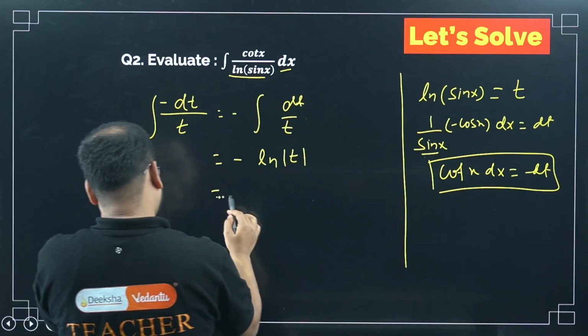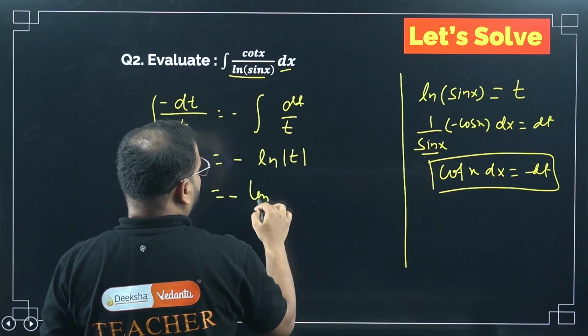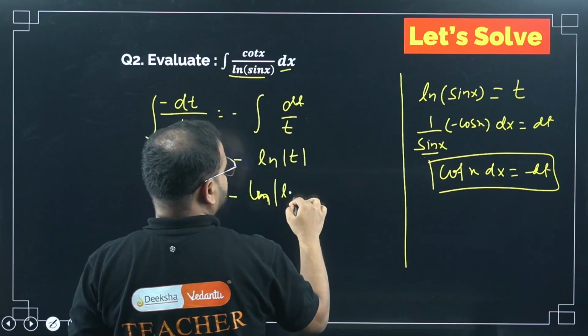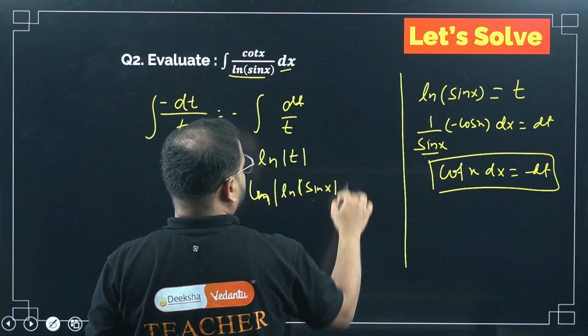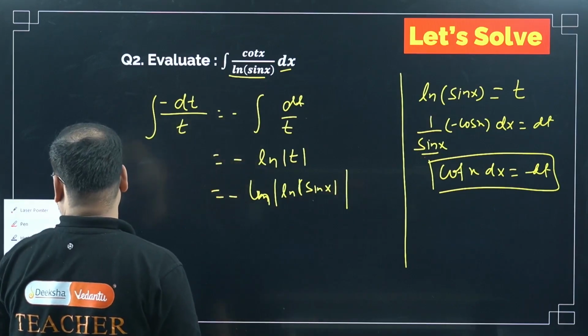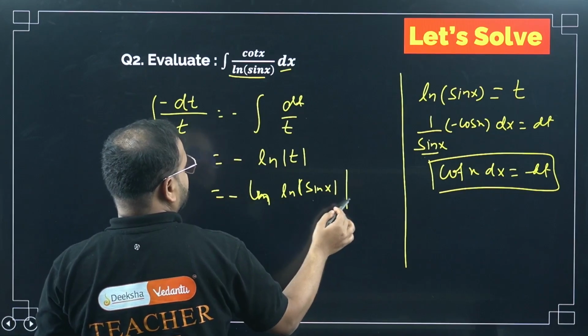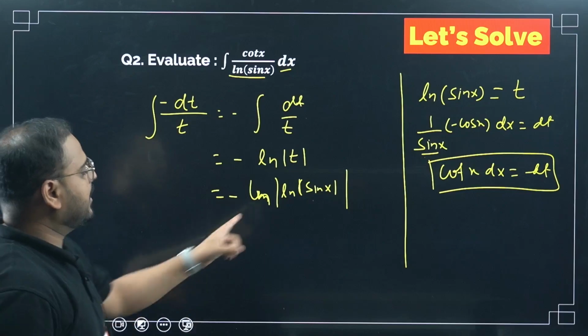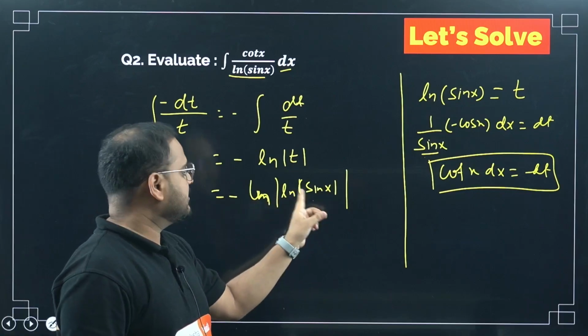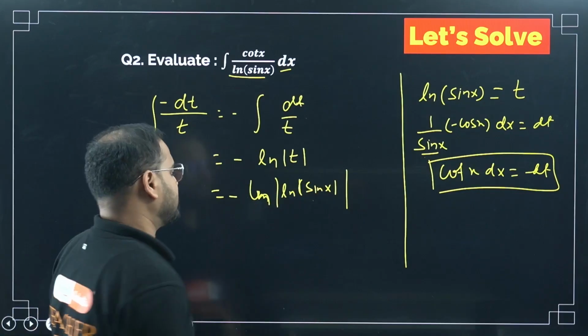And how much is that going to be? Minus ln of ln sin x. If you want I can remove this, but let's keep it anyway. So ln of mod of sin x, plus c will come.